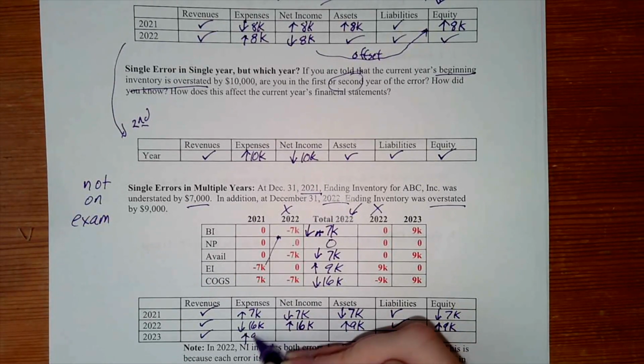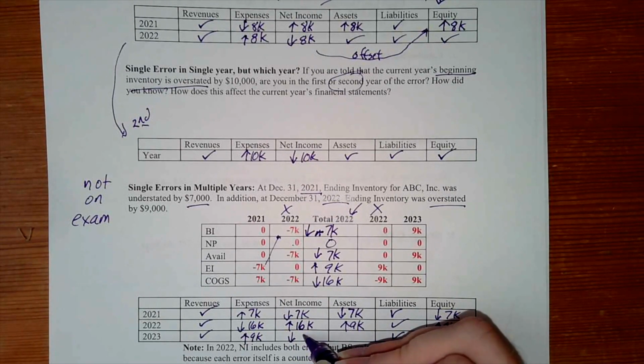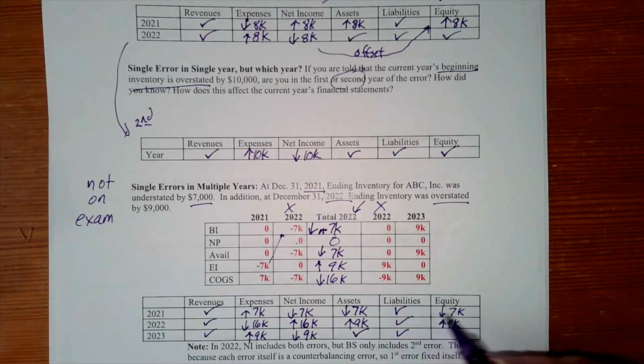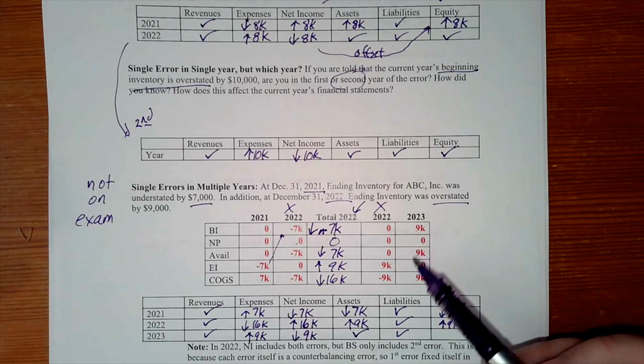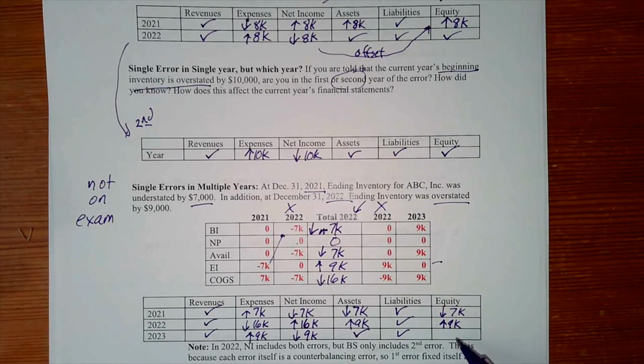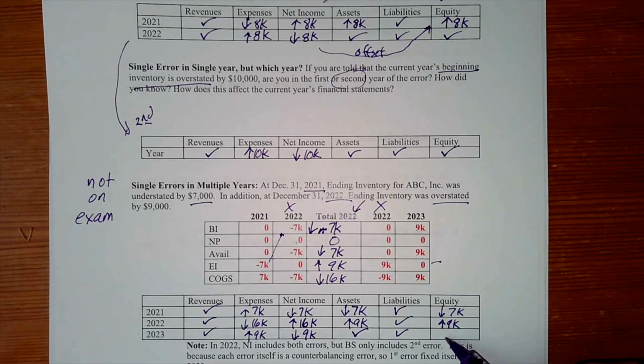Expenses are up by 9K. Net income is down by 9K. Assets are now okay because ending inventory is okay here. And liability is okay.